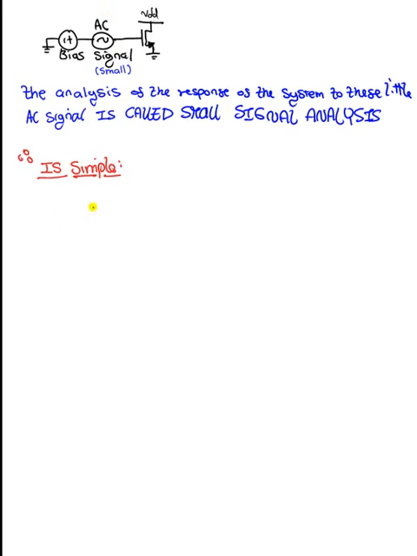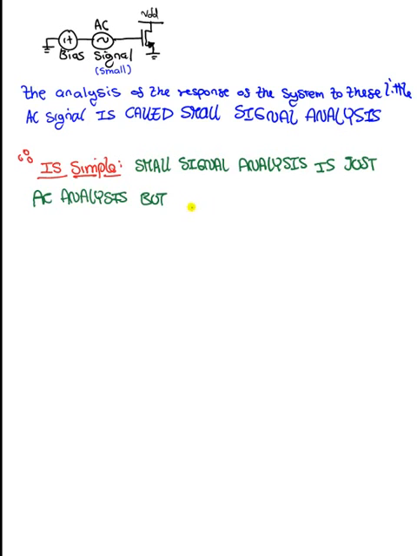So small signal analysis is just AC analysis, but little caveat, keeping AC magnitudes small. That's it. That's the way that you have to think about it. You know, that's all a small signal analysis is.